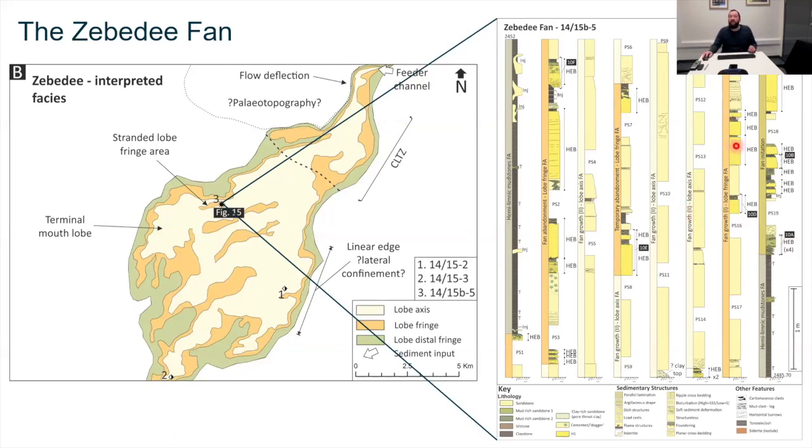We have stacked successions of HEBs dotted throughout the deposit, throughout the fan, and then also quite thick HEB deposits at the top during the abandonment phase. So it's a location that's more proximal than those examples that I showed earlier, where you had quite thin, abrupt abandonment and no HEBs at the top. So there's an interesting spatial relationship and temporal relationship to be teased out there.